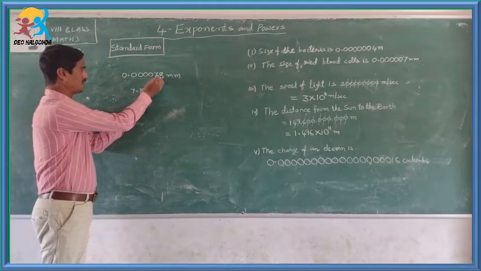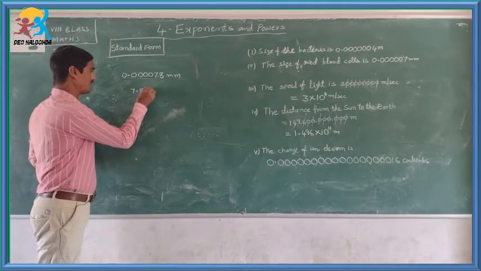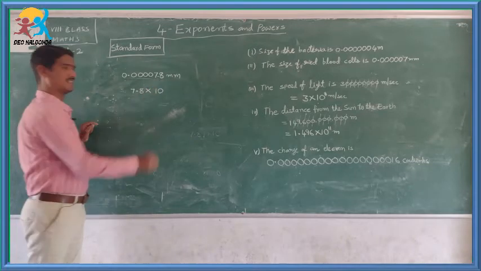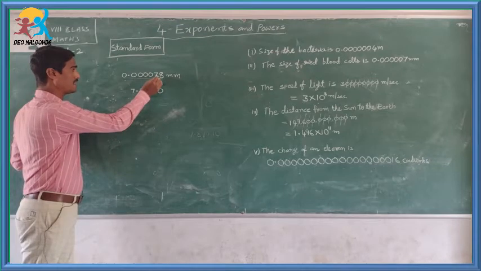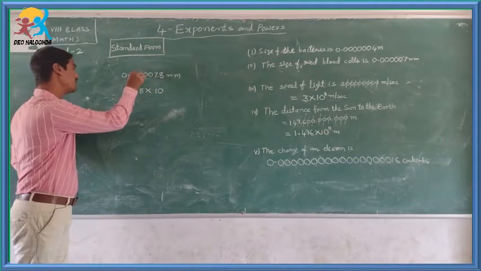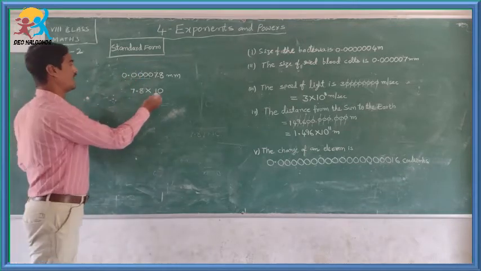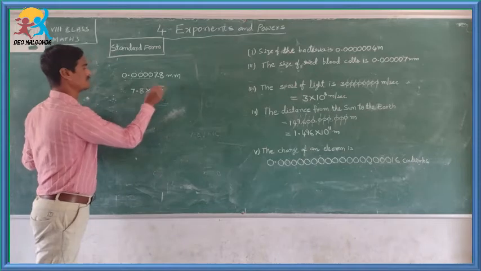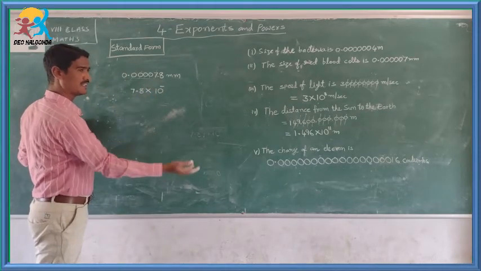So 7 after the point we have written here. So this one can be written as 10 power. How many zeros here? How many digits are on the left side? 1, 2, 3, 4, 5. If we count right to left, we have to take minus. Before, we counted left to right.